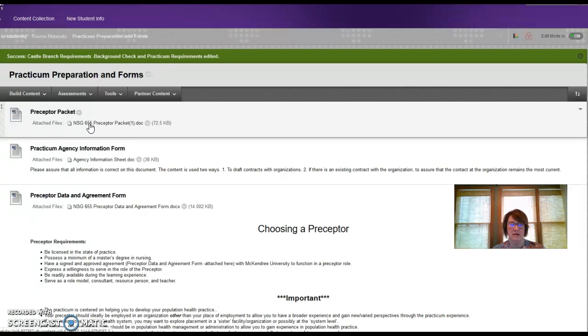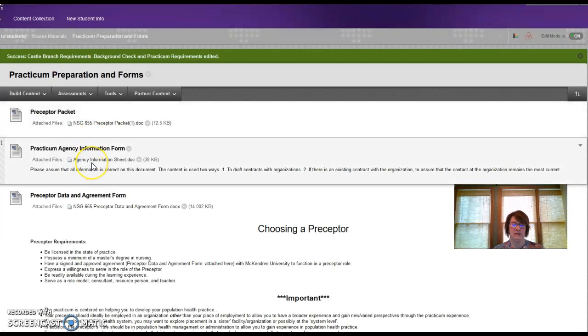It has the preceptor data and agreement form included, and it also has the student evaluation of the preceptor and the preceptor's evaluation of the students, along with kind of an introduction to the practicum itself. So it's kind of an overview of the whole practicum experience, and it's sent to your preceptor prior to you getting started, so they really understand what's going on as far as your practicum experience.